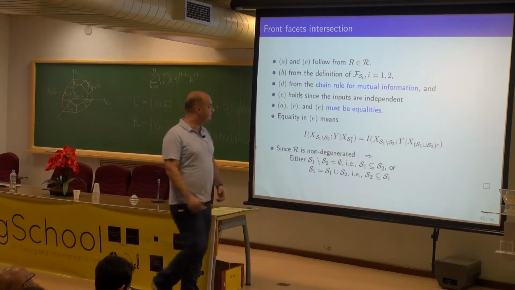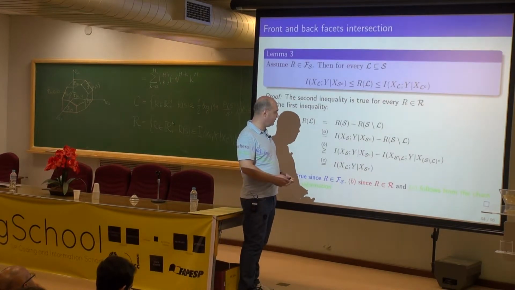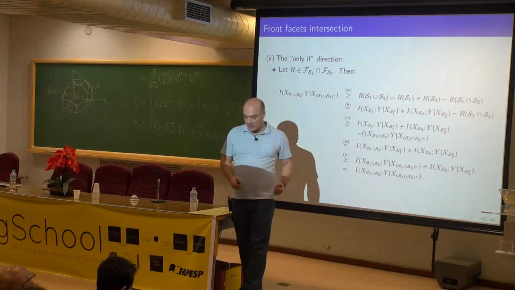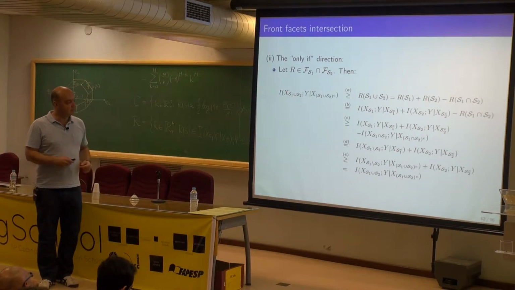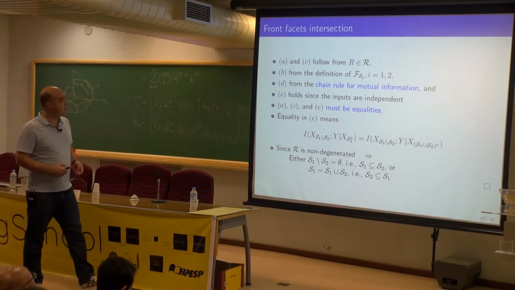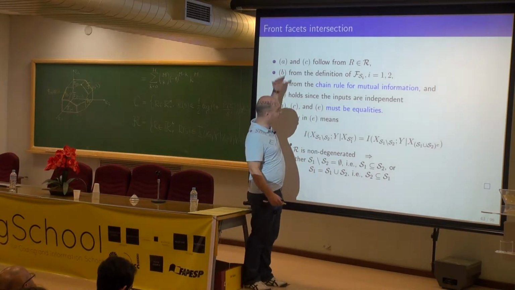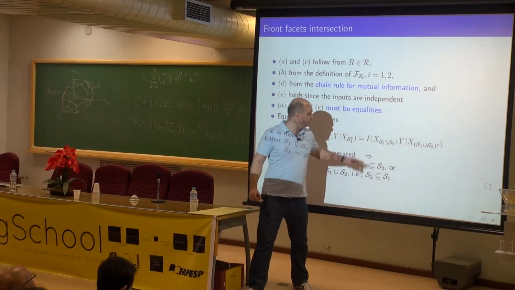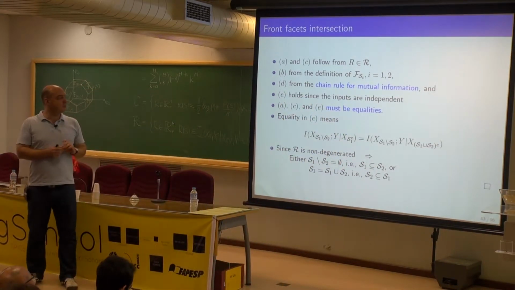Observe in E, what I said, if you decrease the set here, it must be greater or equal. So now we claim that because the beginning and end are equalities, this one must be equal to this. In which cases is this true?